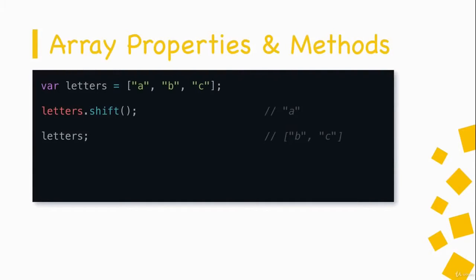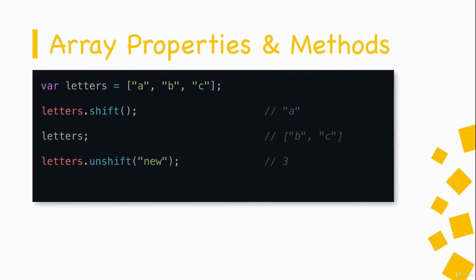Now if we use the shift method again on the letters array, then B will be removed and only C will be left. And if we use letters.shift a final time, then the C string will be removed as well and the array will be empty. In other words, the letters.shift method removes the element with index 0 inside the array, which is the first element.